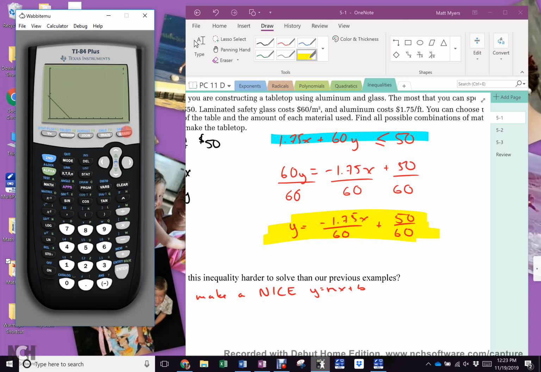Now you can see I've set the window up differently, right? Why do I have no negatives there? It's real life. Can I buy a negative amount of aluminum? Can I buy a negative amount of glass? No. So I don't need any negatives. Now I also know that my y-intercept is about 1, correct?